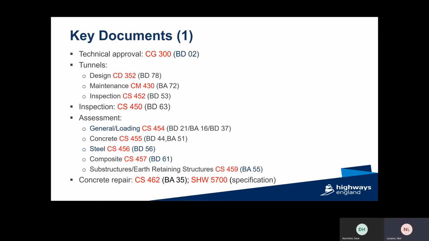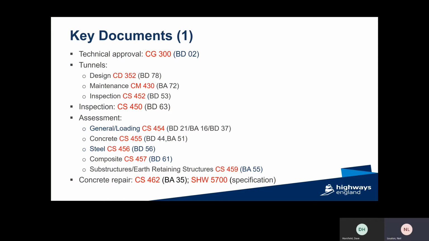So there's a series of tunnels documents which have been updated, covering design, maintenance, and inspection and records. The further suite of documents, the linked documents on assessments, a whole series of these have now been updated. Some of these did have considerable technical changes, and the webinar on assessment will provide that information for you.